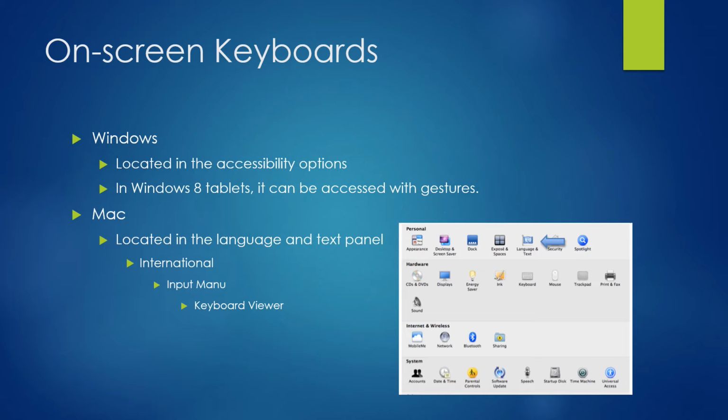Windows and MacBooks both have on-screen or virtual keyboards in their accessibility options, or in the MacBook, it's under Keyboard Viewer in language and text. It's basically a virtual keyboard that could be accessed on Windows, at least, in both direct access methods by touching the screen or indirect through scanning.